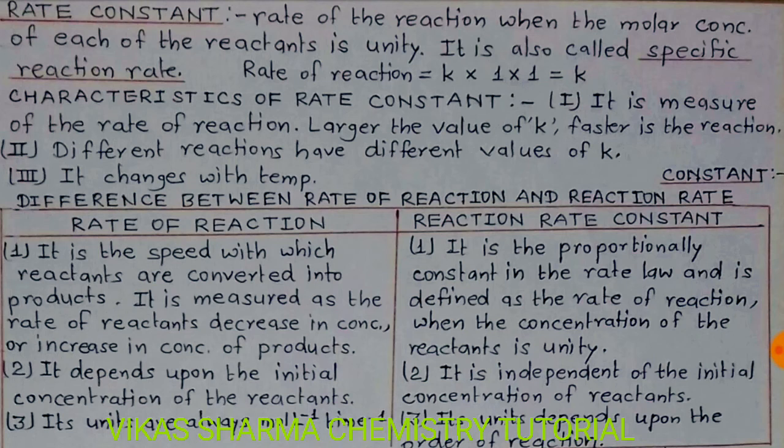Third, the units of rate of reaction are always mole per liter per time. The units are fixed, but for the reaction rate constant, its units depend upon the order of reaction. So what are the orders? The units of rate constant change.